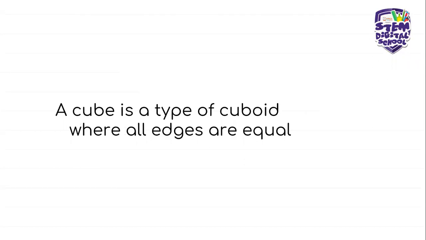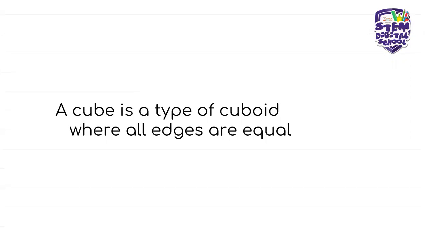A cube is another type of cuboid, meaning that it's also a rectangular prism, except that in a cube, all the edges are equal. Remember that a cube is derived from a square. In fact, a cube consists of 6 squares which are joined together.